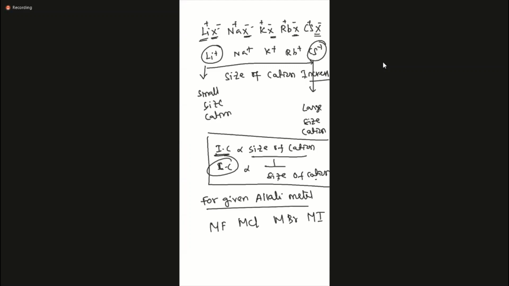Size of cation, you know, down the group, what will happen? Size will increase. Size will increase means Li plus is a small size cation, Cs plus is a large size cation, correct? Yes, sir. So then can you tell me one by one? Li plus is what type of character? Cs plus is what type of character?